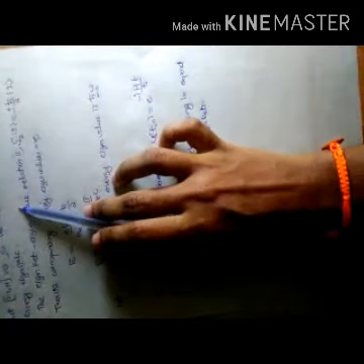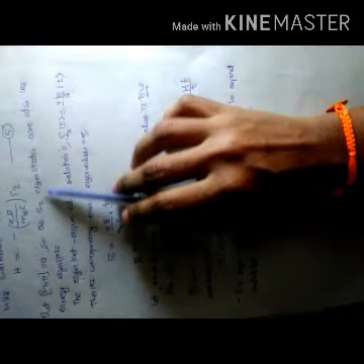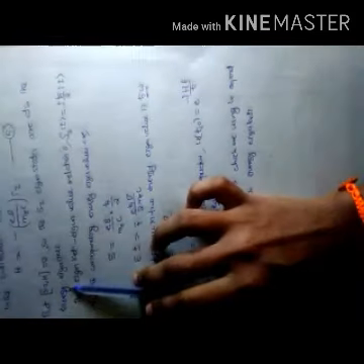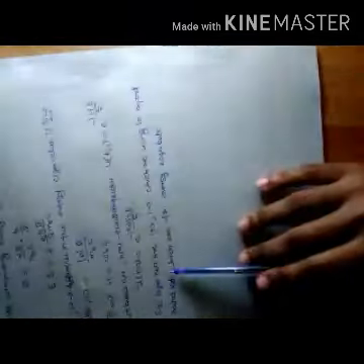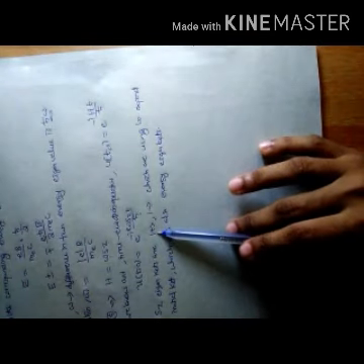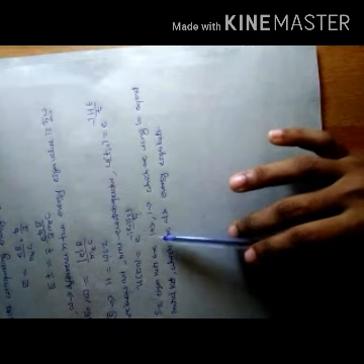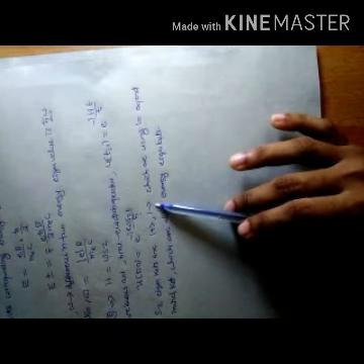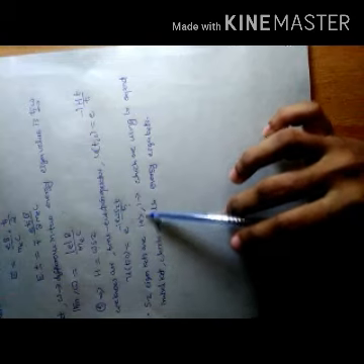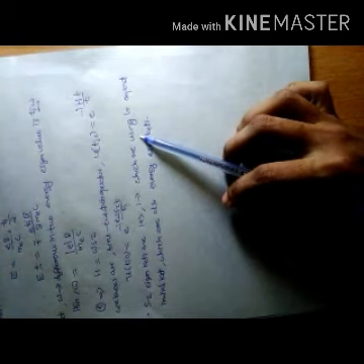We already said that Sz eigenkets are also the energy eigenkets. So the Sz eigenkets are plus ket and minus ket, and the energy eigenkets also are plus ket and minus ket. So these eigenkets are used to expand our initial ket.